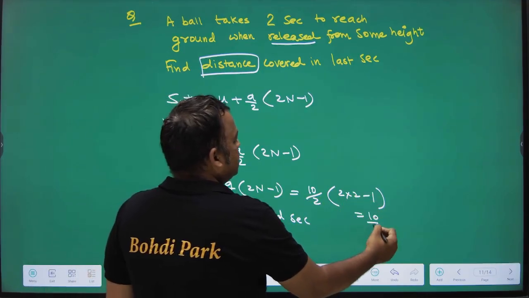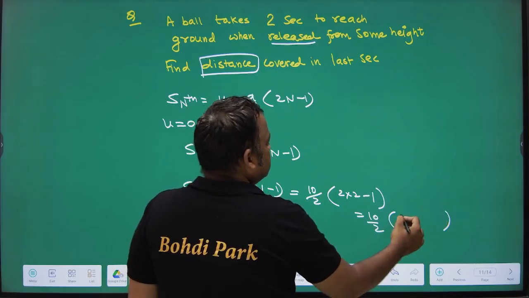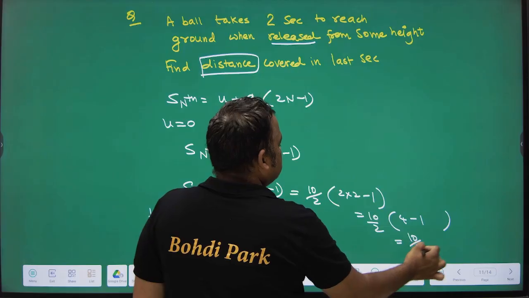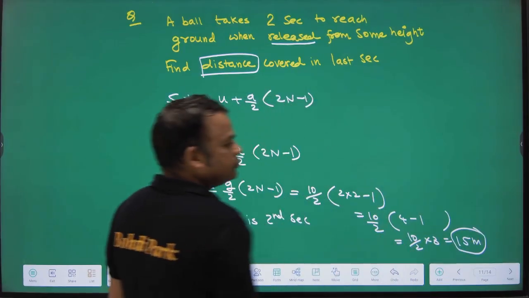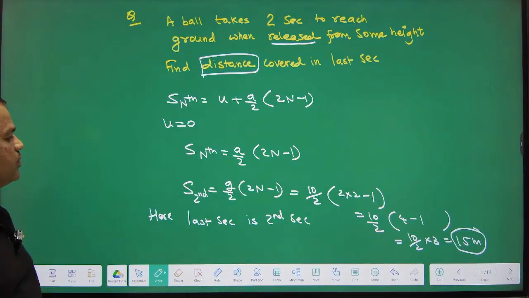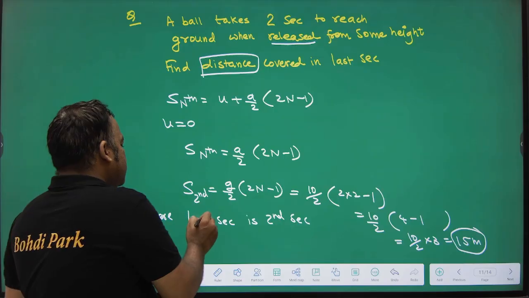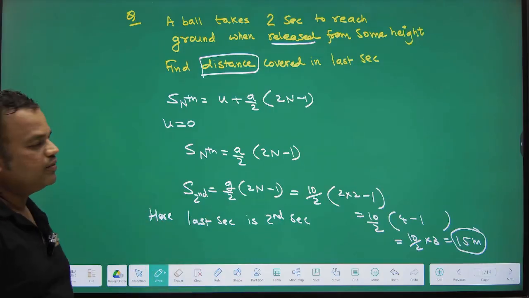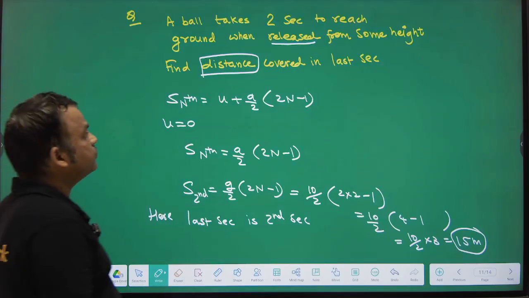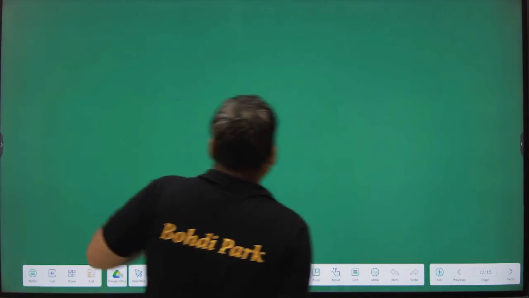So that is 10 by 2 into 4 minus 1. So 10 by 2 into 3, so that is 15 meter. Displacement in last second is minus 15 meter. Distance in last second is 15 meter. Next question.